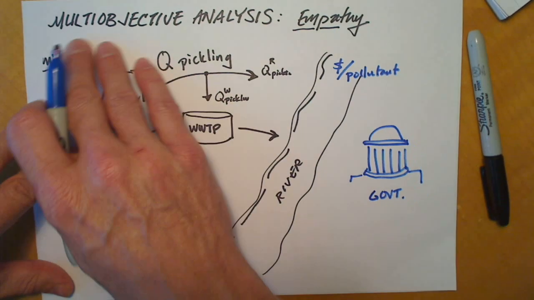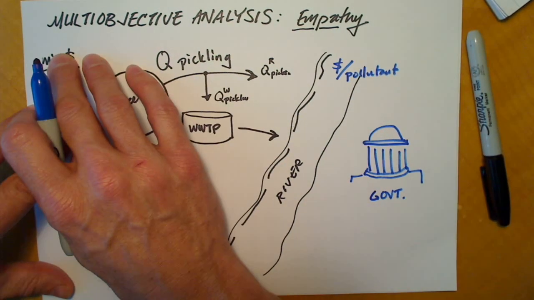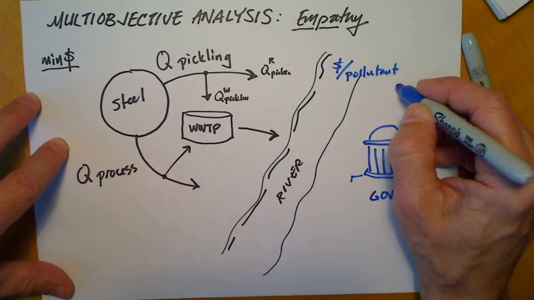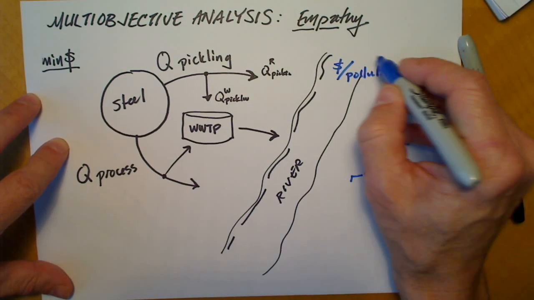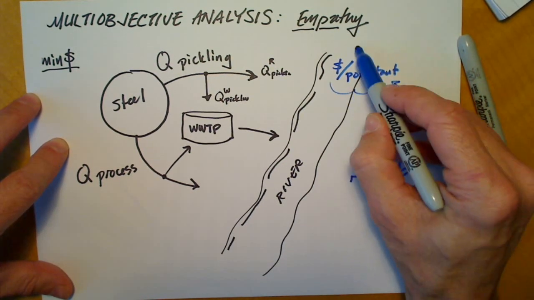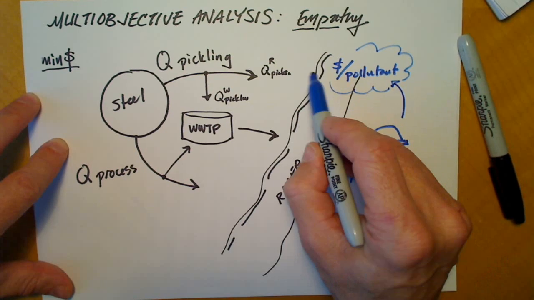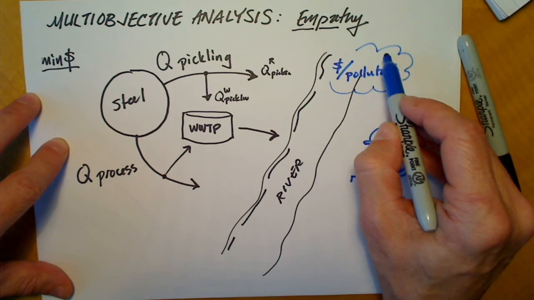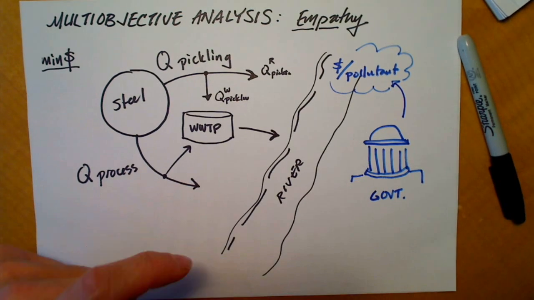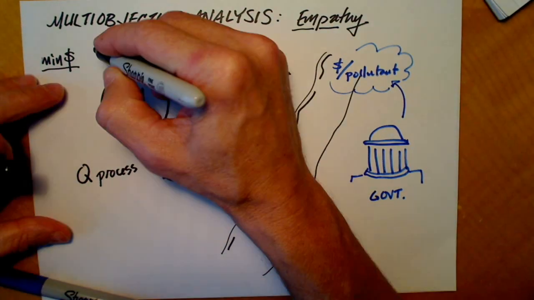If we accept that the steel plant wants to minimize their costs, well, they first need to know what is going to be the fee. What's the tax or the fee that they pay for the right to pollute? This then becomes a parameter that the steel plant uses to optimize their decision variables.